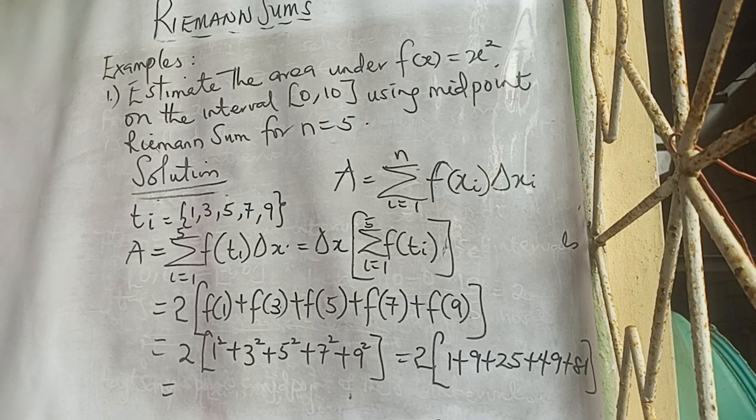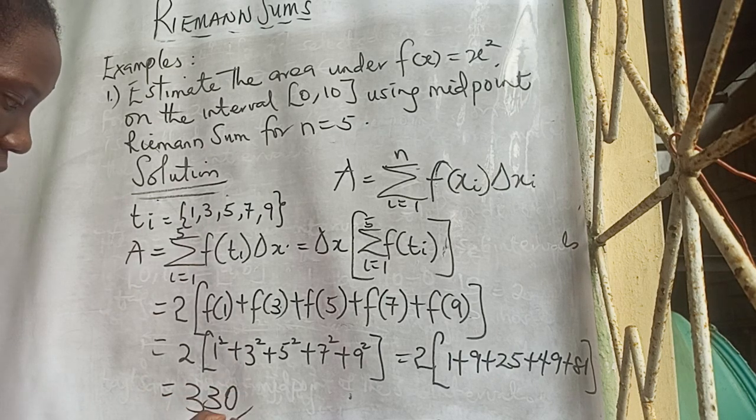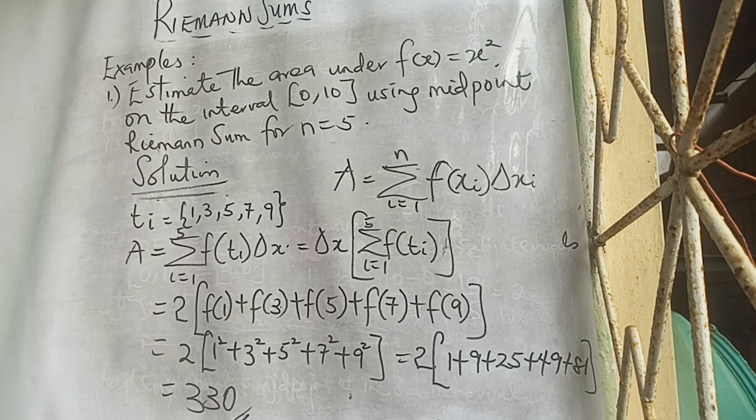By the time we multiply that by 2, it gives us 330. That is the area under the curve.